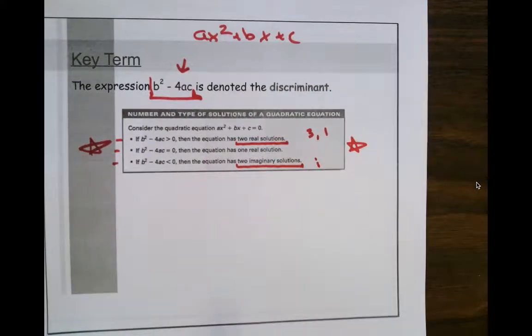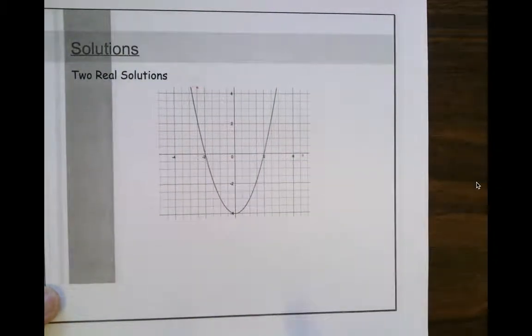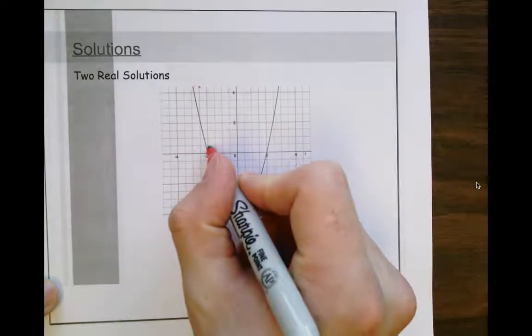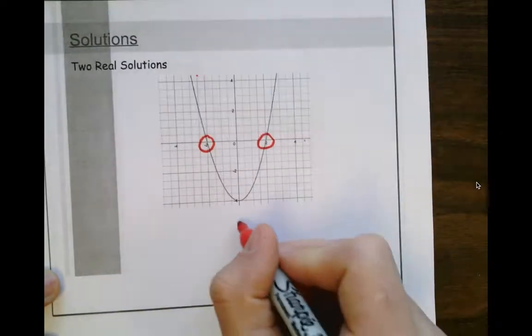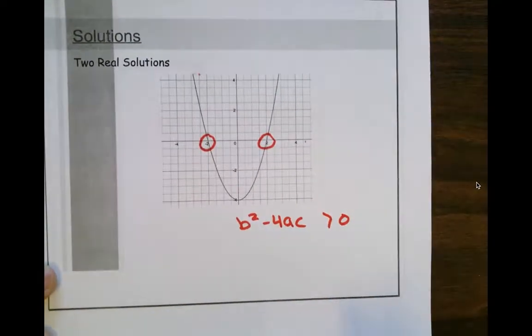Okay, now what does that mean in terms of a quadratic? So if we have two real solutions, this is what it looks like. Remember, solutions are when we intercept the x-axis, so our x-intercepts. This would have two real solutions because it intercepts at -2 and +2. This would be a situation where b squared minus 4ac is positive.